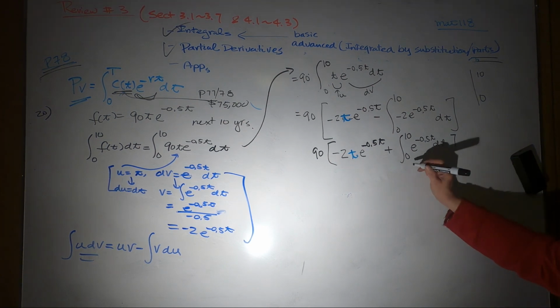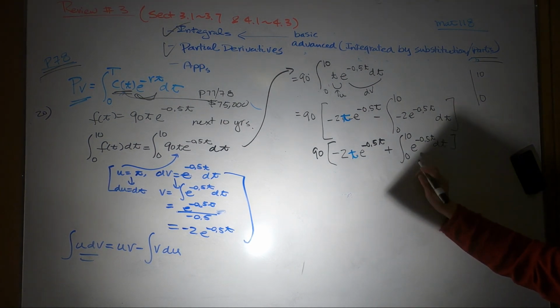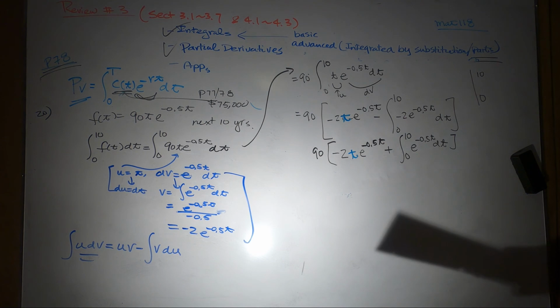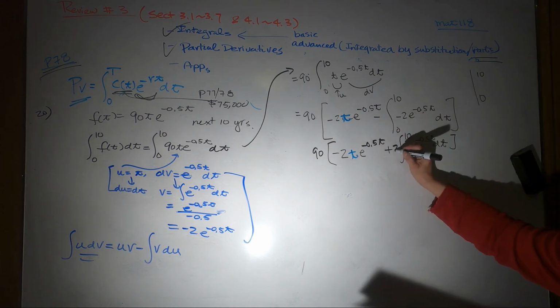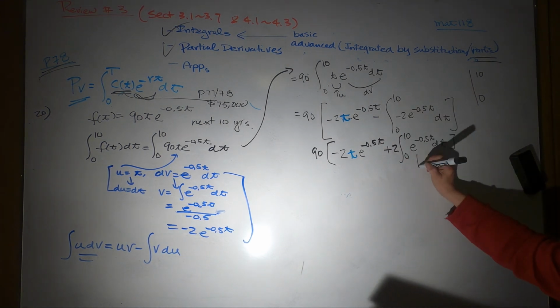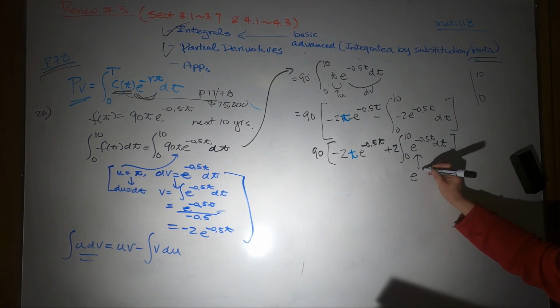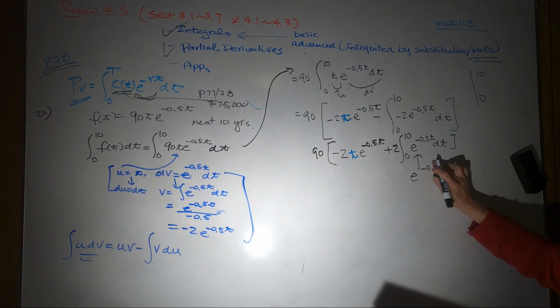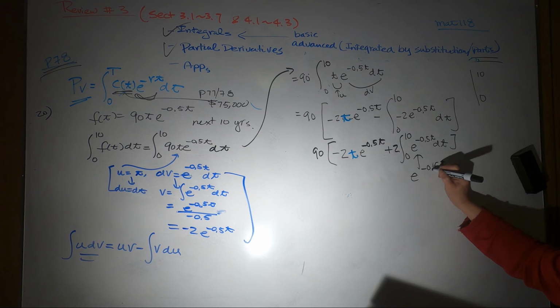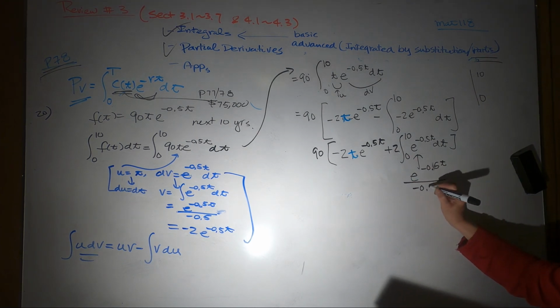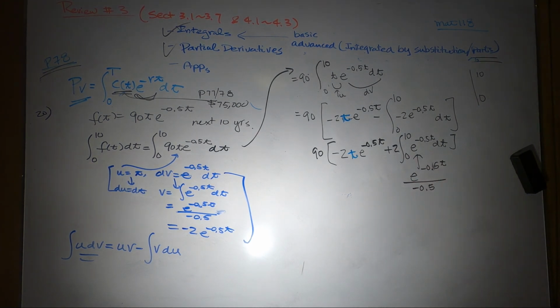Oh, my 2 should be outside. Are you with me so far? Then 0.5t divided by 0.5, right?